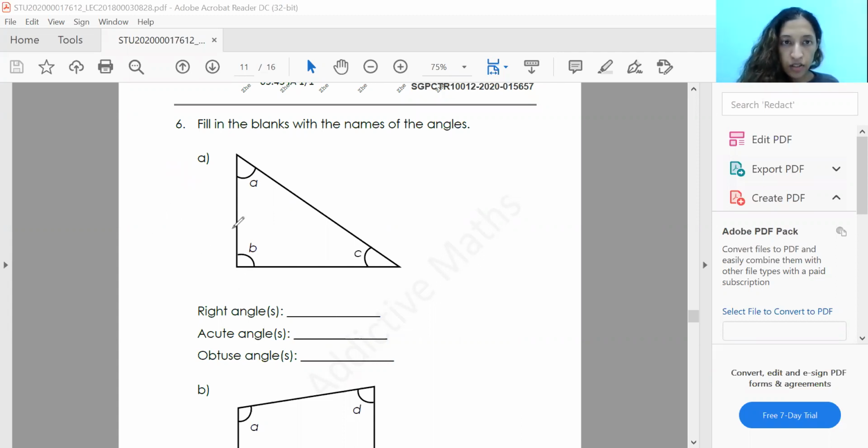So right angle, as you can see, there we go, B. Okay, and what about your acute angle? This is an acute angle because it's smaller than 90, and this is an acute angle as well. So A and C. So basically here, there are no obtuse angles. All right, okay.